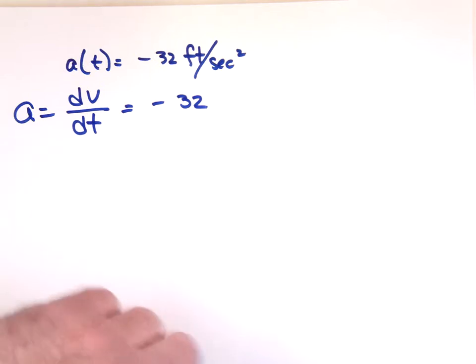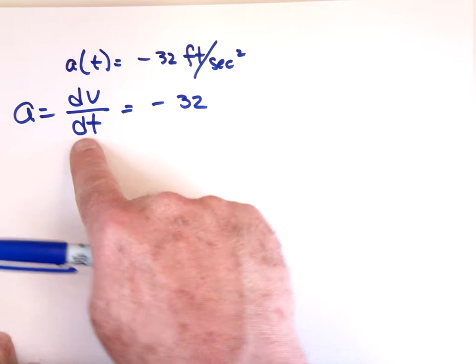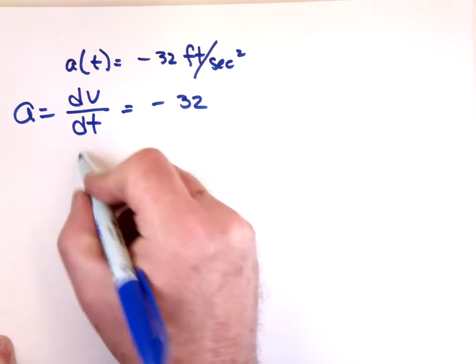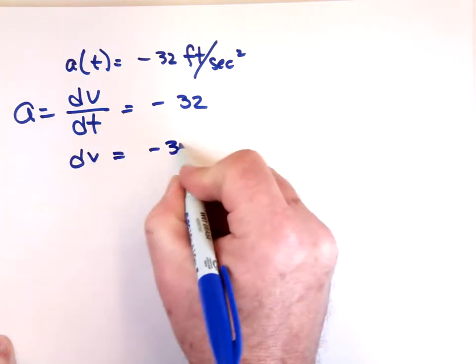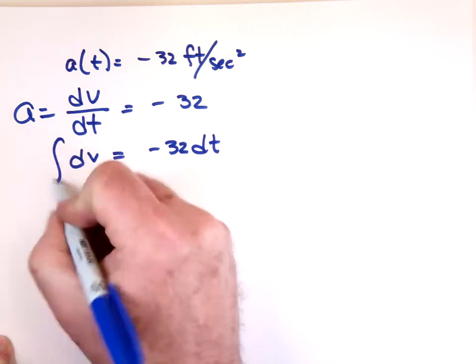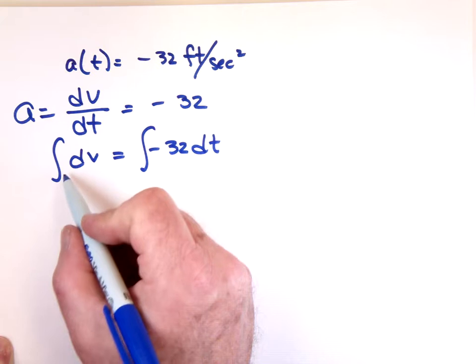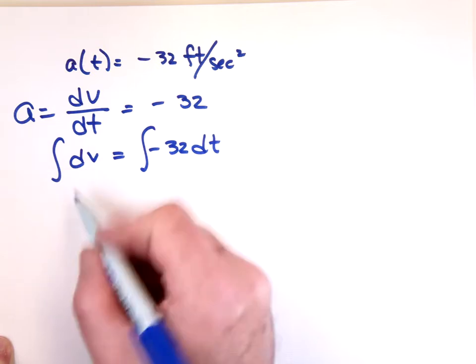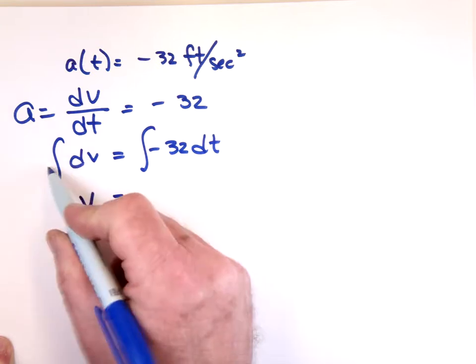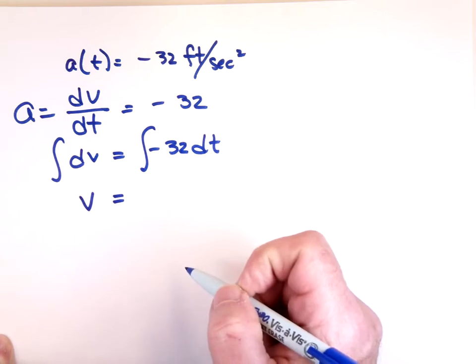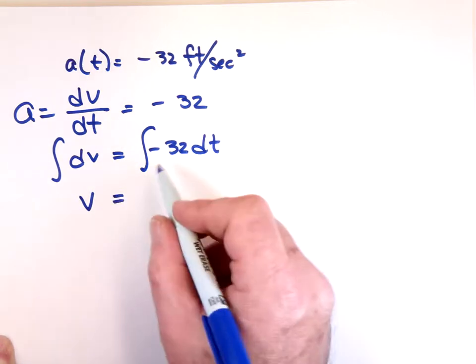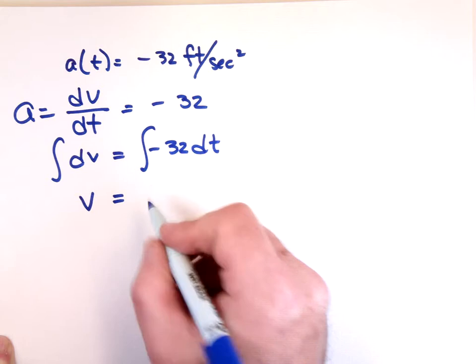We solved this differential equation for v by doing what? Moving the dt on the other side and integrating each side, taking the antiderivative. When you take the antiderivative or integral of dv, that gives you v. Consider these inverse operations. You get back the original v. The negative 32 we could take out front.